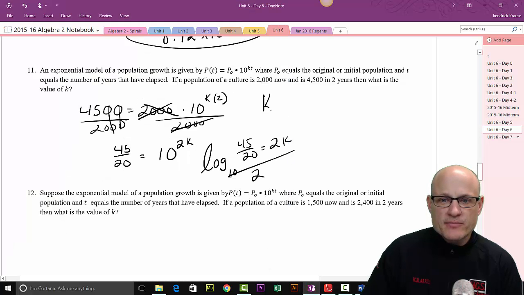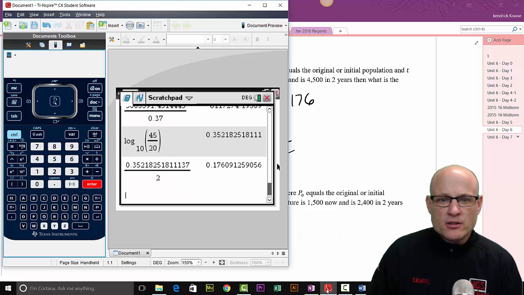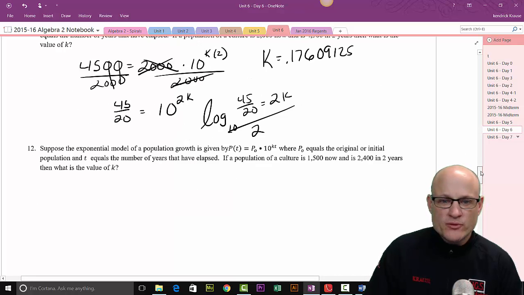So K is equal to 0.176. Oh, they don't tell me to round? Oh, man, you got to write the whole thing out then. At least 6 decimals is good. Moving on.